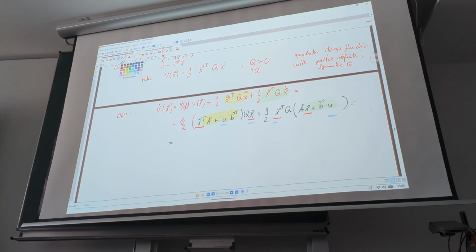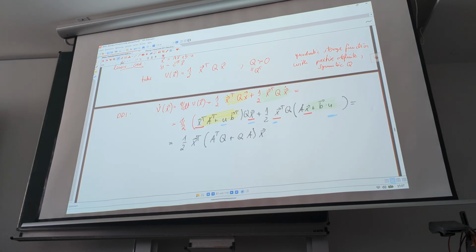So we have a one half x transpose, A transpose Q plus QA, times x.